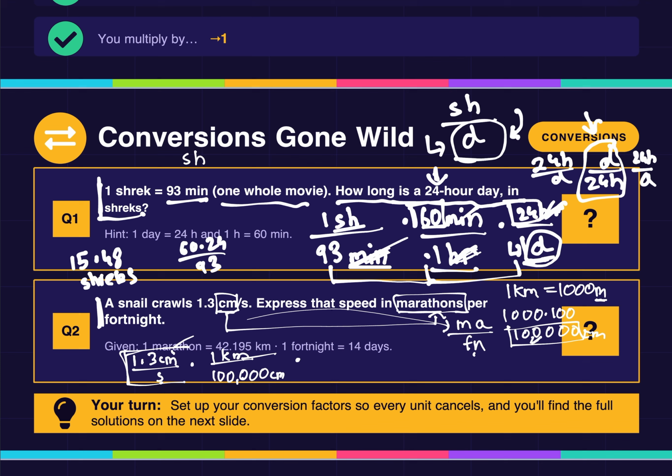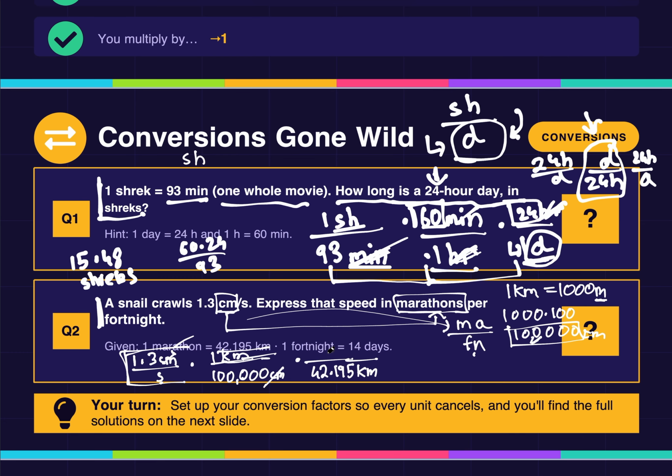And then what do I multiply by? Now I have the kilometer on the denominator, right? So centimeters can cancel out, but now I need kilometer to cancel out. How do I do that? I need to put kilometer on the denominator. So 42.195 kilometer.